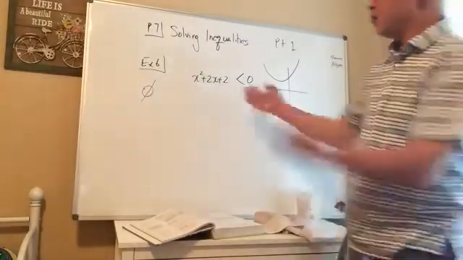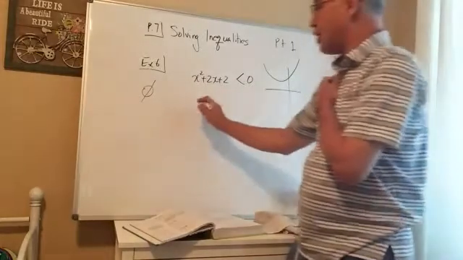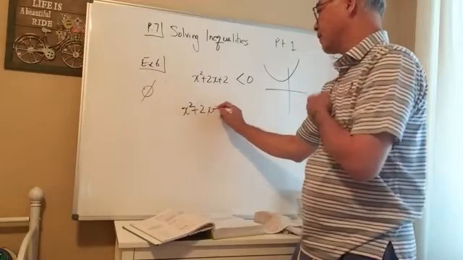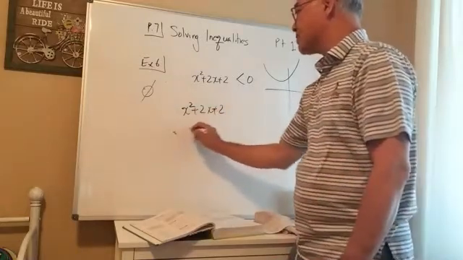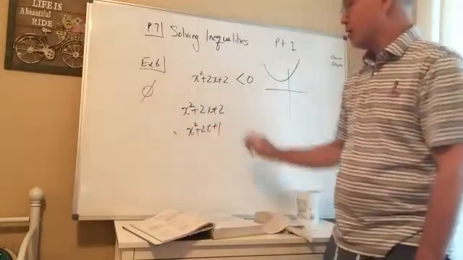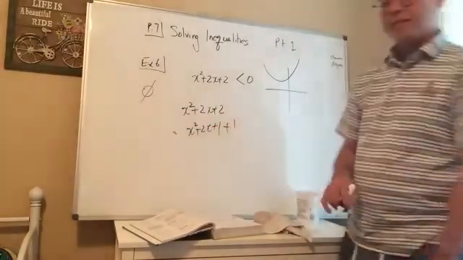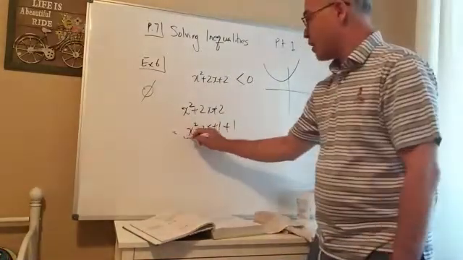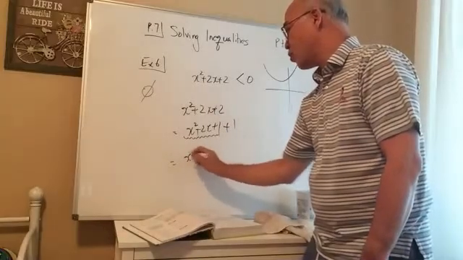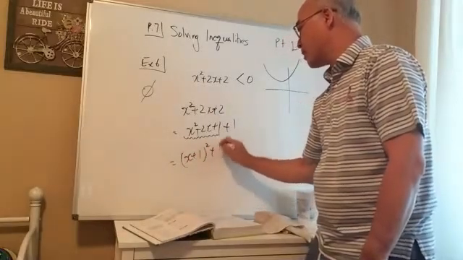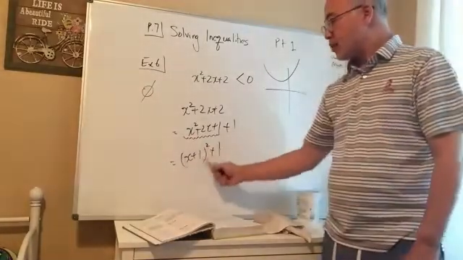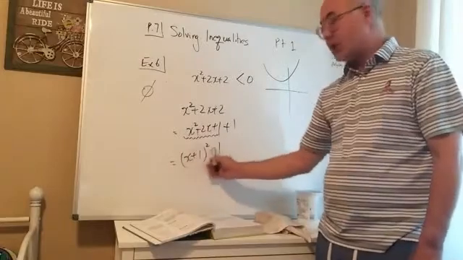Okay. If you look at this a little closer, you might have been able to see this as x squared plus 2x plus 1 plus 1, right? And what is this part here? It's (x plus 1) squared plus 1, right? Which means this part is always greater than or equal to 0 because it's a squared value.